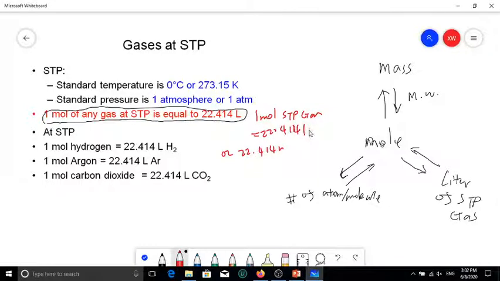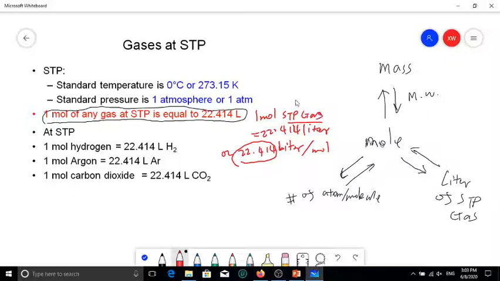Every 1 mole STP gas equals 22.414 liters, or you can say 22.414 liters per mole. So it's more like a molar volume, and this is a universal constant for any STP gas.